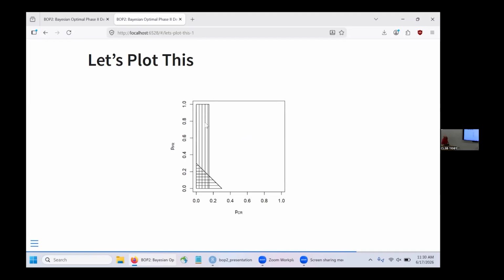Here, the area that's shaded with vertical lines is where the probability of complete remission is low, below 0.15. My mouse disappeared. Oh, you can see it. P sub CR is on the x-axis. So if this is low, that's the vertically shaded region. The horizontally shaded region you can see is this triangle.